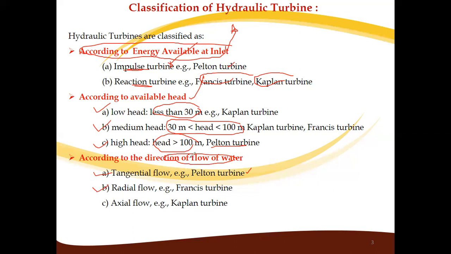When the direction of flow of water inside the turbine is radial, as in a centrifugal pump, then it is called as a radial flow turbine, that is a Francis turbine. And third one is axial flow turbine. When the direction of flow of water is axial, then it is called as axial flow turbine. Example is the Kaplan turbine.